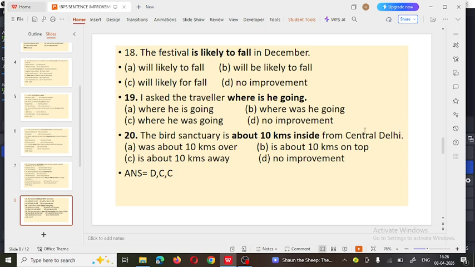Inside from is definitely wrong, over from would not fit, and on top from central Delhi is also not correct. So only option C is appropriate here: the bird sanctuary is about 10 kilometers away from central Delhi.